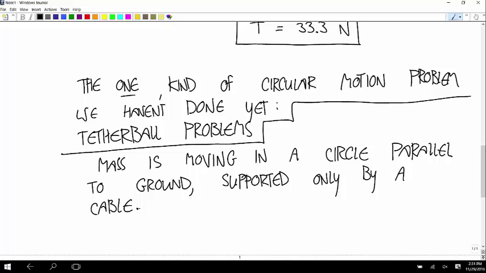Okay, so it's spinning around in a circle that's parallel to the floor. And the only thing supporting it, it can't be rolling on the ground or anything. It's just hanging from a cable as it goes.